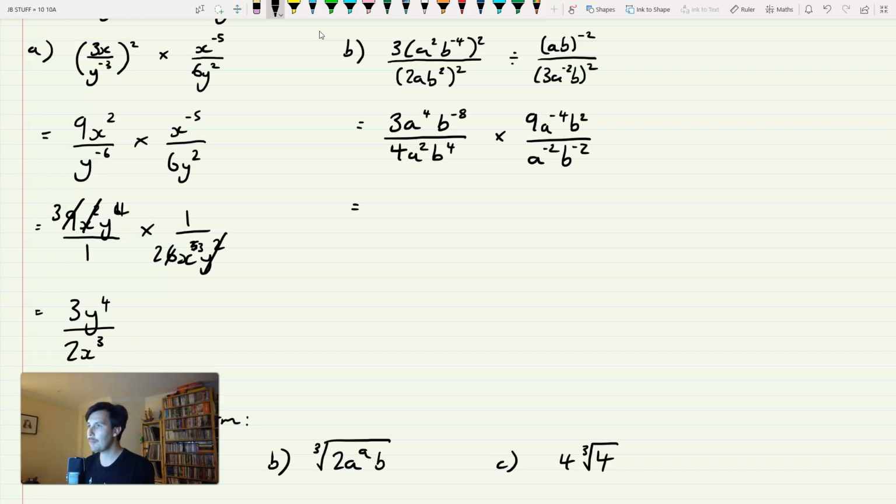Okay, now I'm going to make everything positive, so 3a to the power 4 over 4a squared, and then b to the power 4 plus 8, because the b to the power negative 8 will come down here and become positive. So then I have b to the power 4 multiplied by b to the power 8, which will give me b to the power 12 for that one.